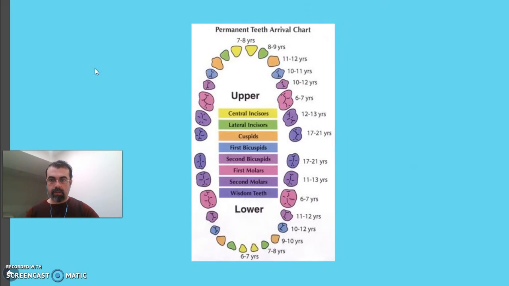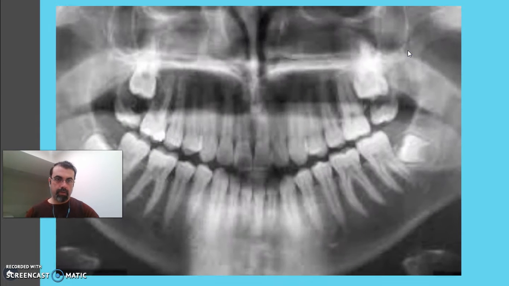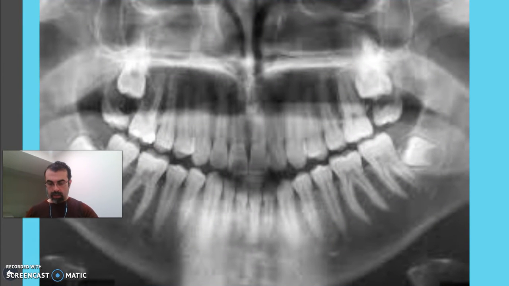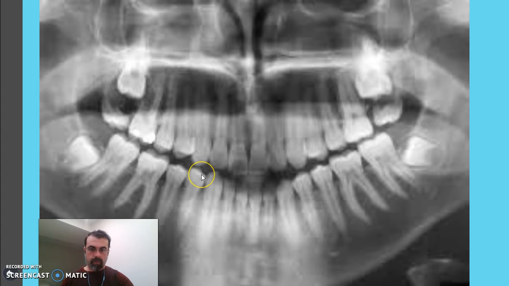So let's have a quick look at this OPG and see how it goes. All of you now see this tooth. At this stage I cannot tell this tooth is impacted because, as you see here and here, it's not clear in the upper teeth. The roots are not totally formed, which means the tooth is still in the eruption stage.